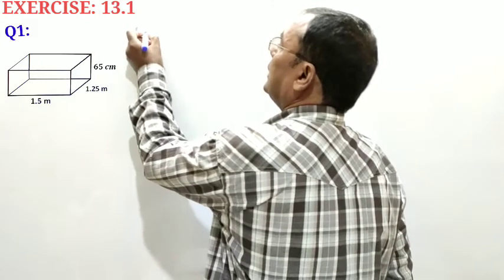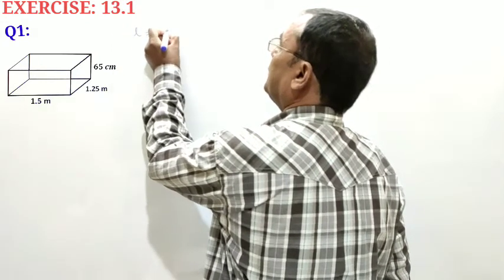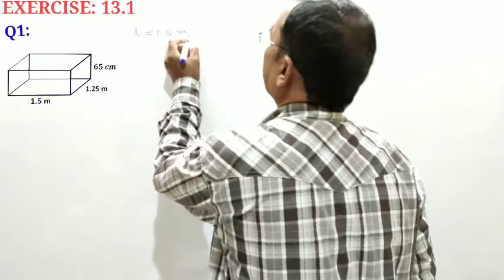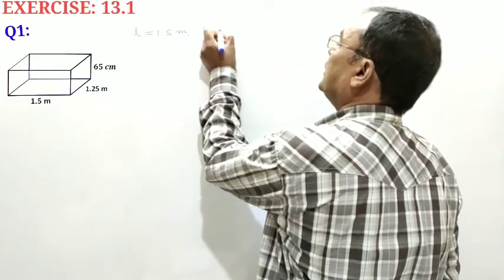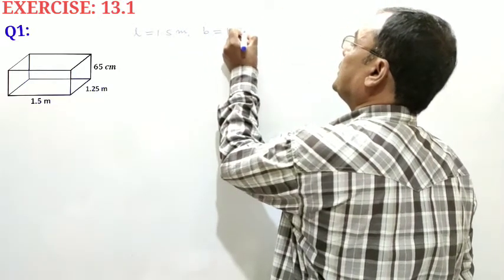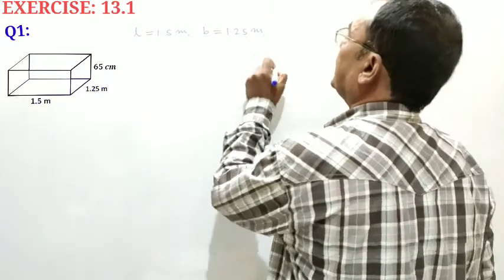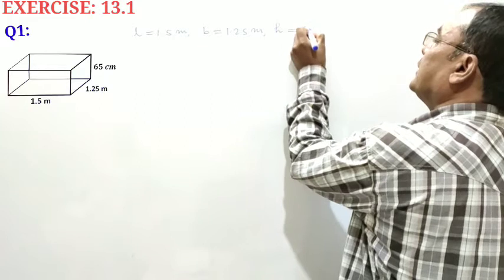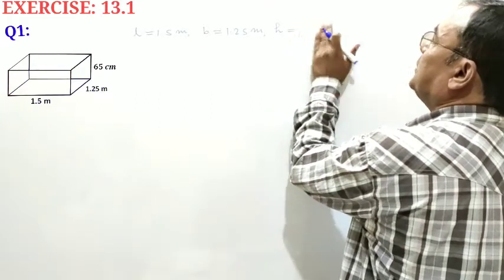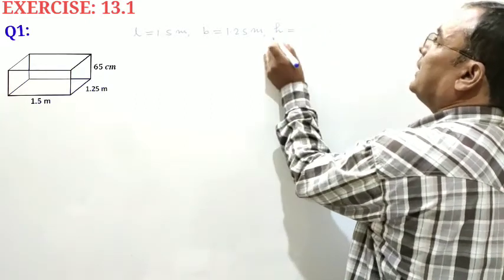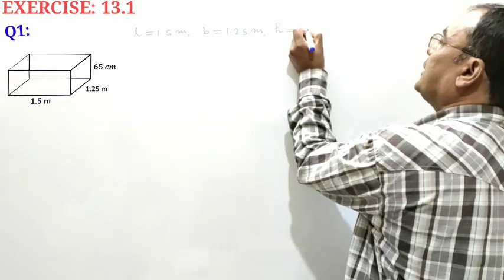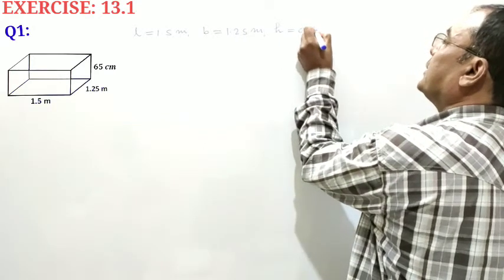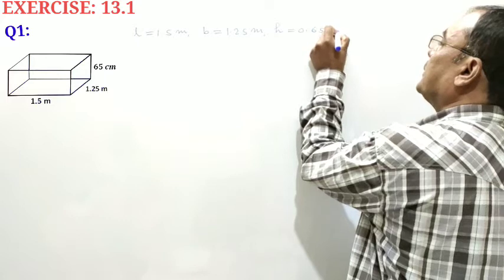Length is given 1.5 meter, breadth is given 1.25 meter and depth or height is given 65 centimeter. So let's write this 65 centimeter in meter, 0.65 meter.